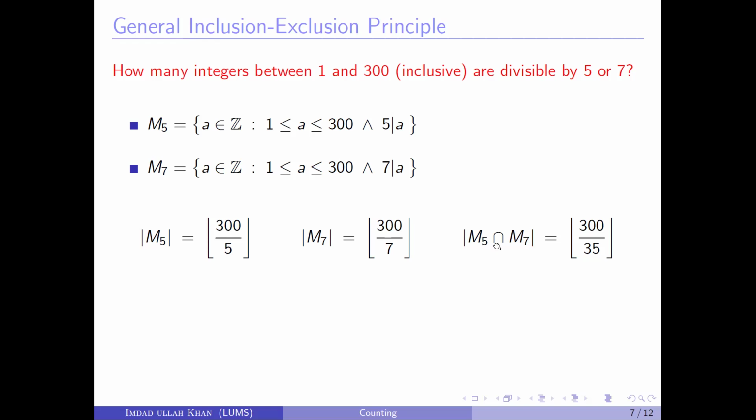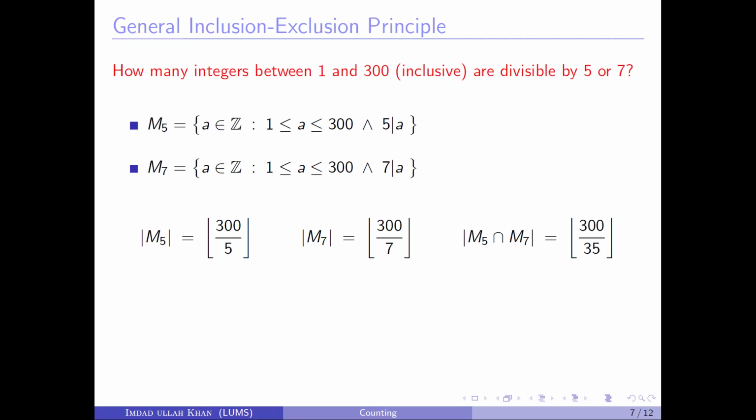And when we think of the cardinality of the set which takes care of the intersection of both of them, there is 300 over 35. When we say both of them, that means the integers which are divisible by 5 as well as 7. In other words, we are talking about integers which are multiples of 5 and at the same time multiples of 7.